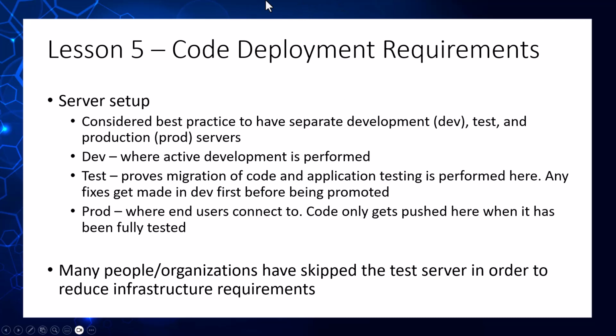So in terms of server setup, I alluded to this on the last slide with development servers, production servers. What's considered the best practice is to have 3 different environments for where your code is deployed: a development server, a test server, and a production server.